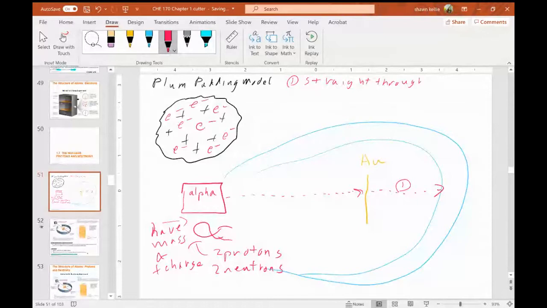Just like the gold foil wasn't even there. Then you had a group of particles that went through the gold foil, but for whatever reason, instead of going straight through, they were deflected. Came through at angles. Then he had a small minority that was actually doing what they were supposed to.